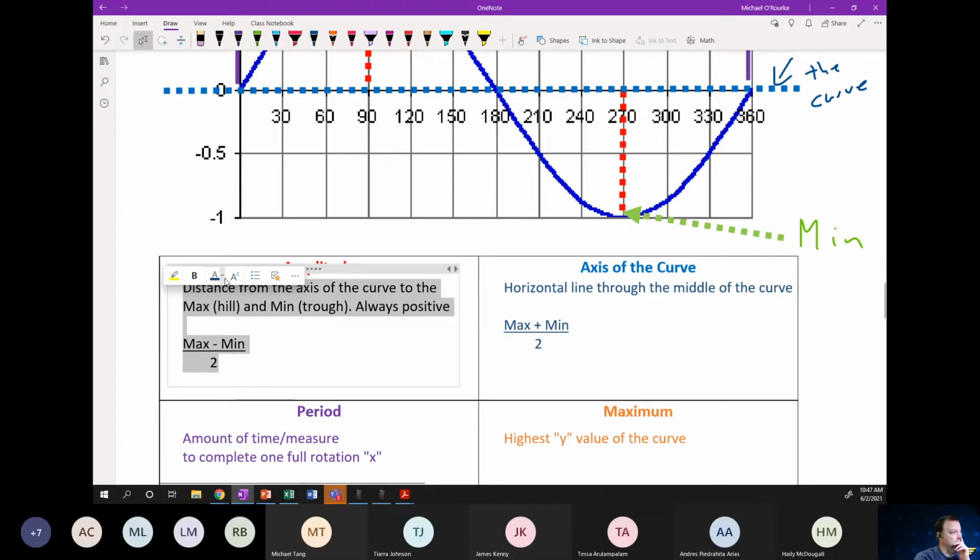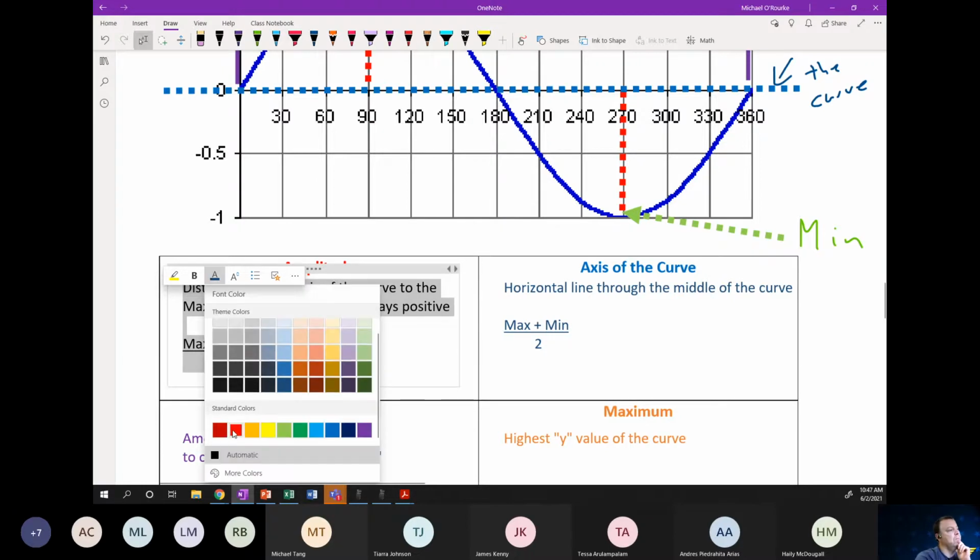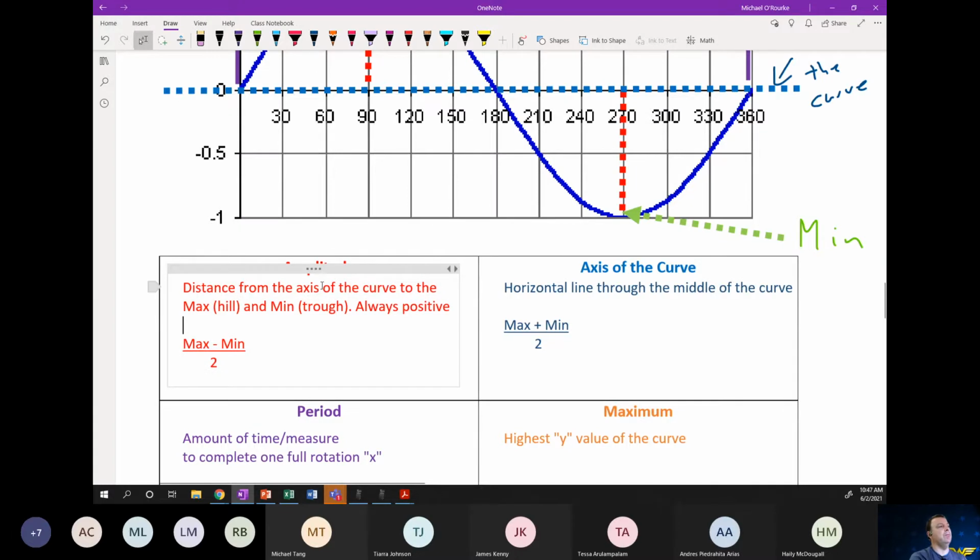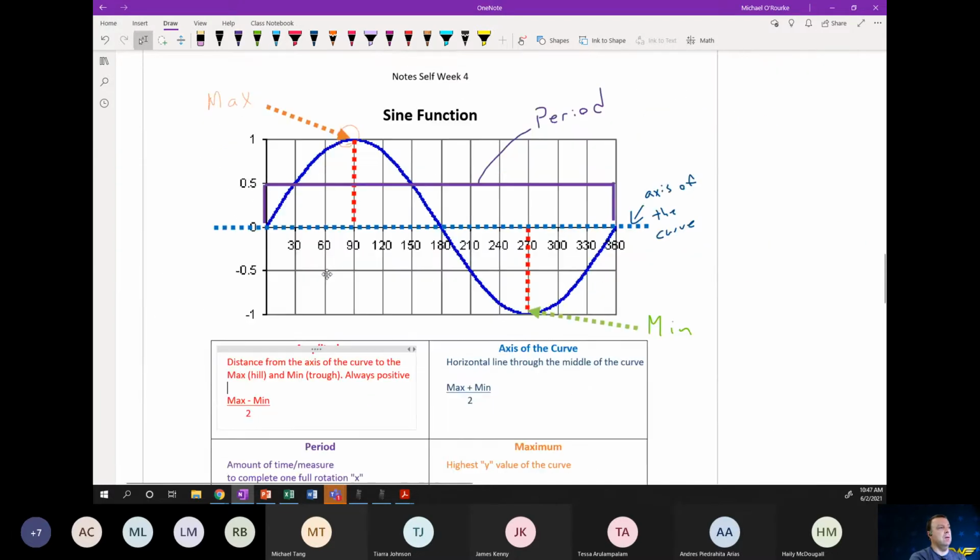Let's go red. And then if I were to identify it here, I have some red marks already on here. So this is my amplitude here, and that's my amplitude there.